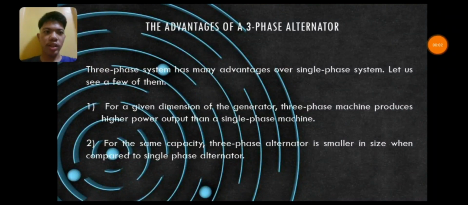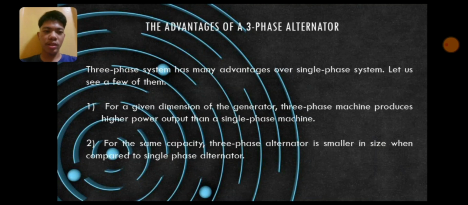The advantages of a three-phase alternator. Three-phase system has many advantages over a single-phase system. Let us see a few of them. For a given dimension of the generator, three-phase machines produce higher power output than a single-phase machine. So, compared to a single-phase system, the 3-phase has a greater power output.